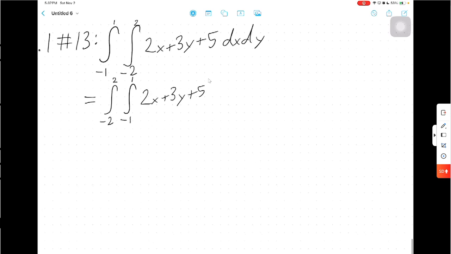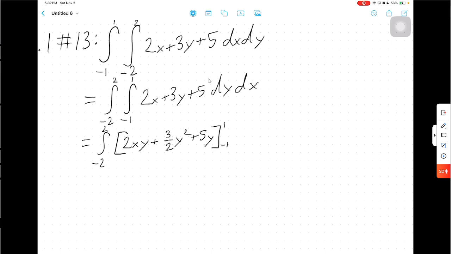Plus 3y plus 5 dy dx. Negative 2 to 2. And then this is going to be 2xy plus 3 over 2 y squared plus 5y, evaluated from negative 1 to 1.